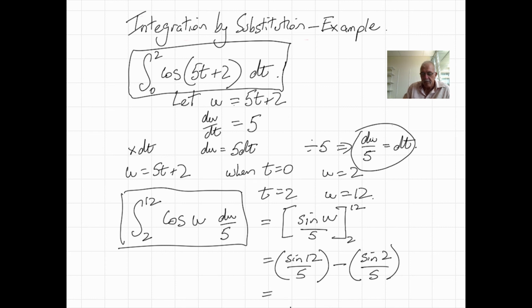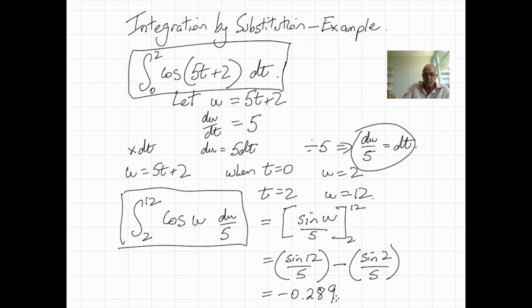So with your calculator in radian mode, you find the sine of 12, divide by 5, put your answer down, minus the sine of 2, divide by 5, and when we get our answer we should get negative 0.289. So there we go, straightforward steps.